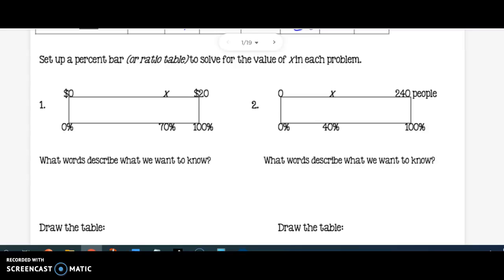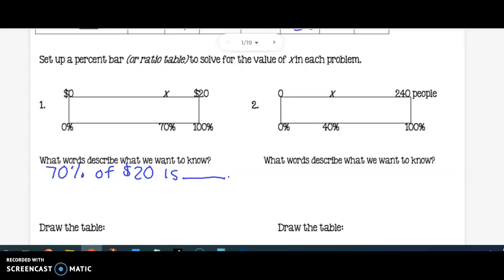We want to know what is 70% of $20. We're going to find the part. Okay, so we're looking for X. How much money is 70% of $20?